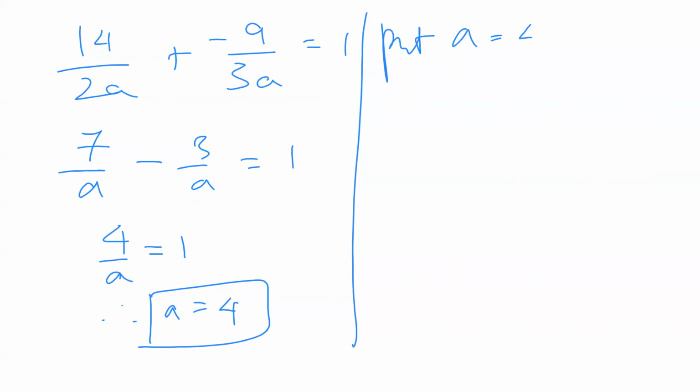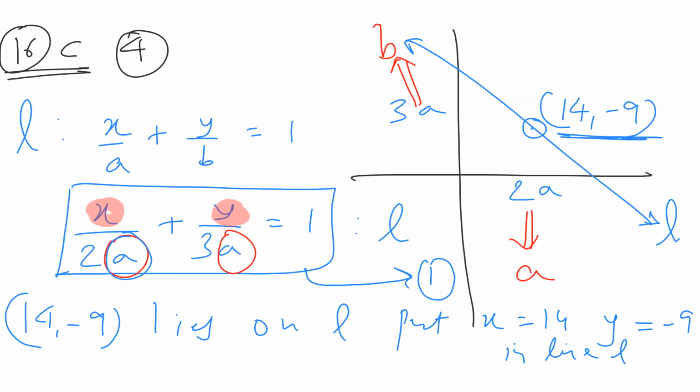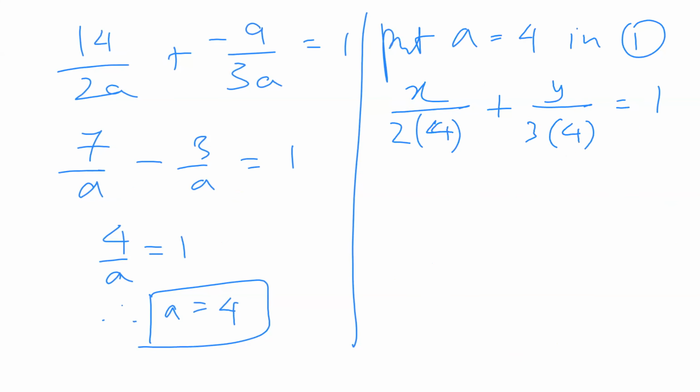So x upon 2 into 4 plus y upon 3 into 4 is equal to 1. So x upon 8 plus y upon 12 is equal to 1.